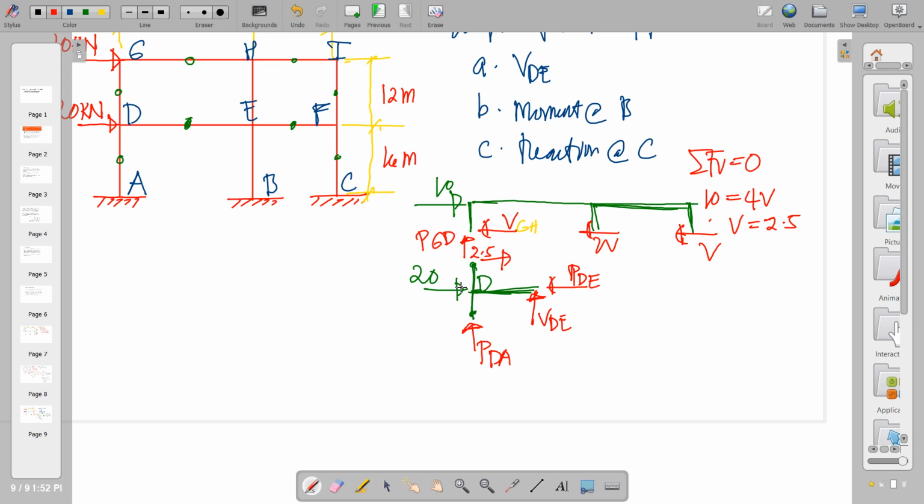Okay, so how shall we determine now shear at DE? So simply take moments at this point.